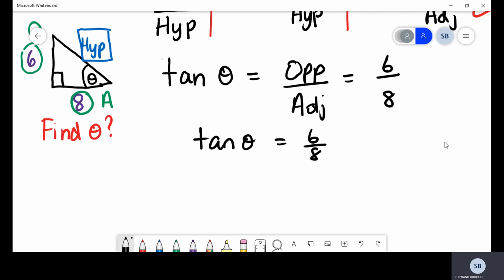Okay, so whenever you use these formulas of SOHCAHTOA, TOA, you're going to end up with a situation that looks like this. You're going to have either sine, cos, or tan theta being equal to some sort of fraction. And to find theta, what you need to do is to simply find something called the inverse. So if your function is tan, then you'll find tan inverse, and it's written as a power of -1, but it's not really the power of -1.